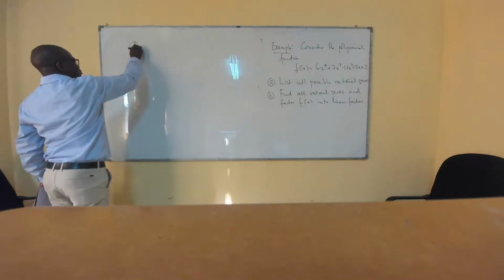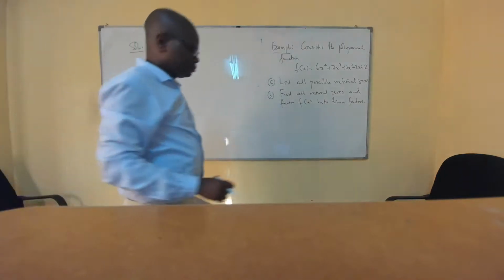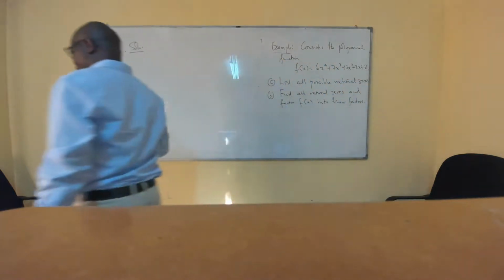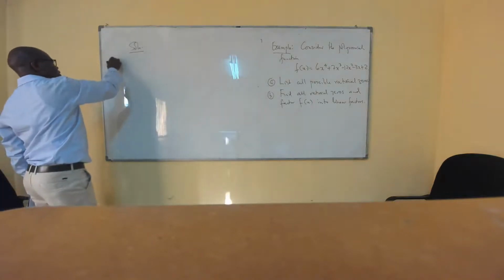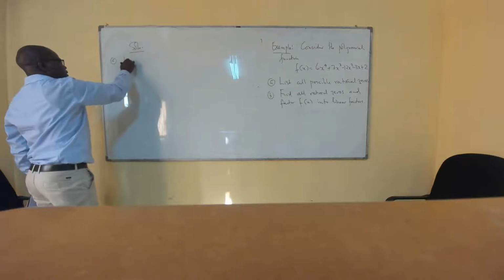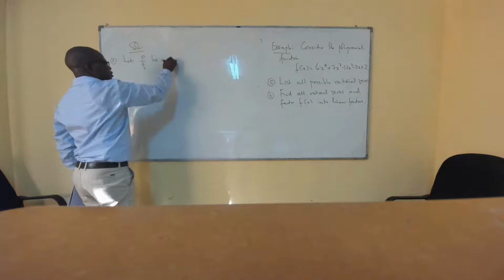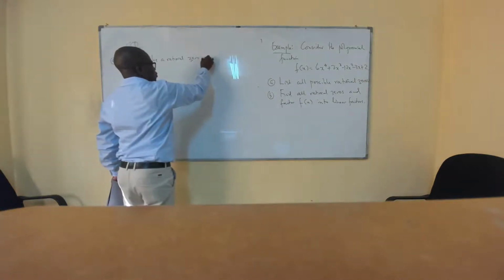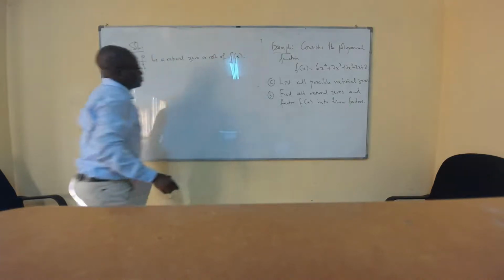So, solution. Any rational zeros of a polynomial are of the form p over q. So let p over q be a rational zero or root of f of x.